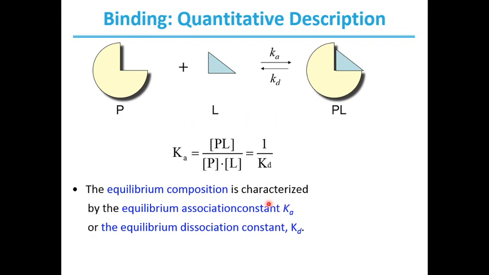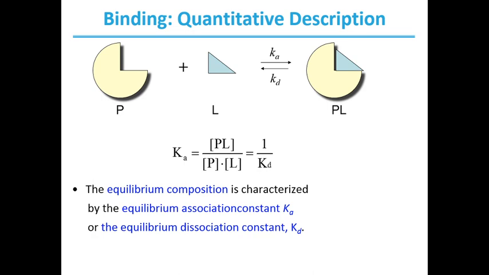And remember, the equilibrium composition is characterized by the equilibrium association constant Ka and the equilibrium dissociation constant Kd. And this is different from small ka and small kd.